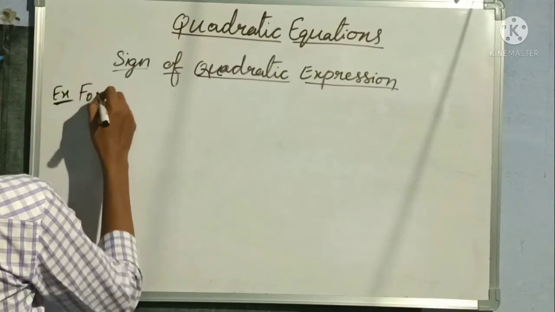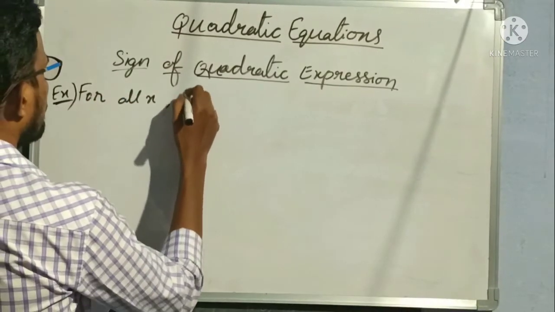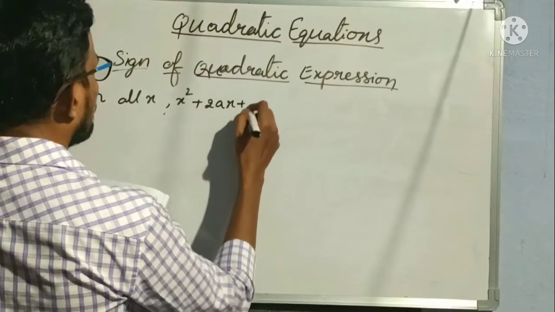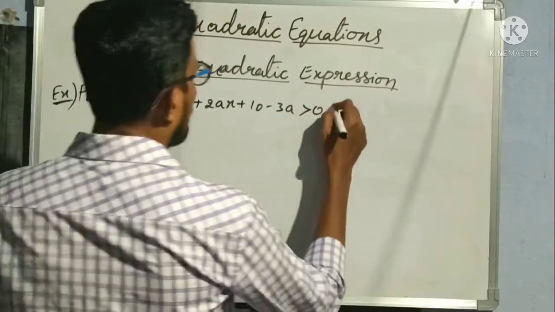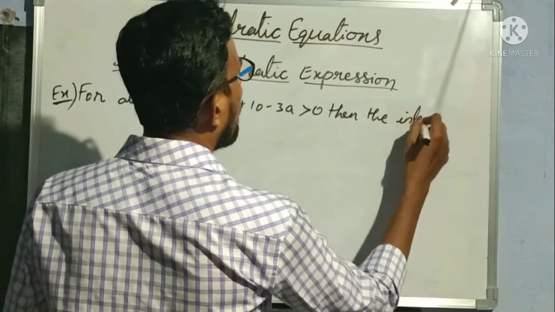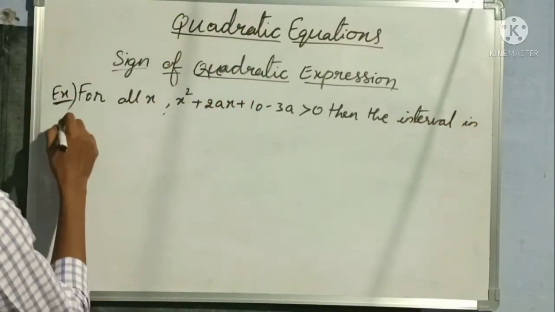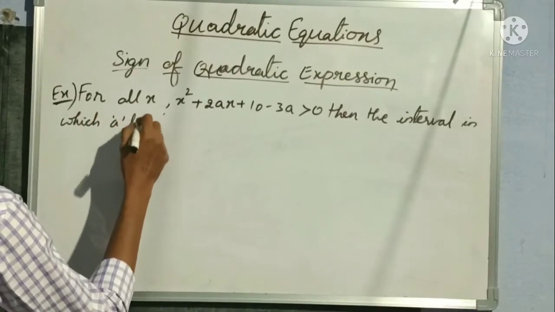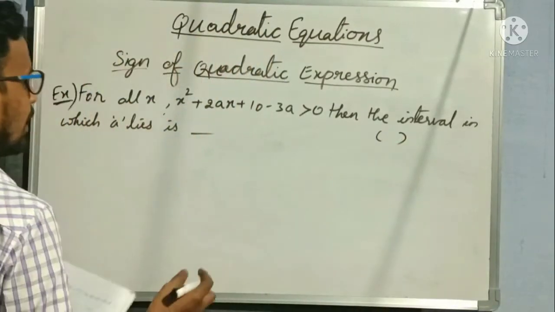For all x, x square plus 2ax plus 10 minus 3a is greater than 0, then the interval in which a lies is dash.